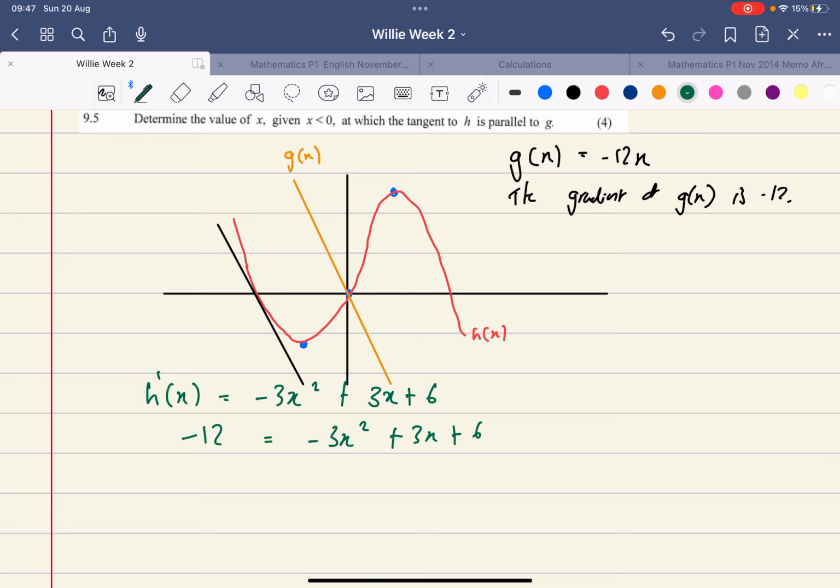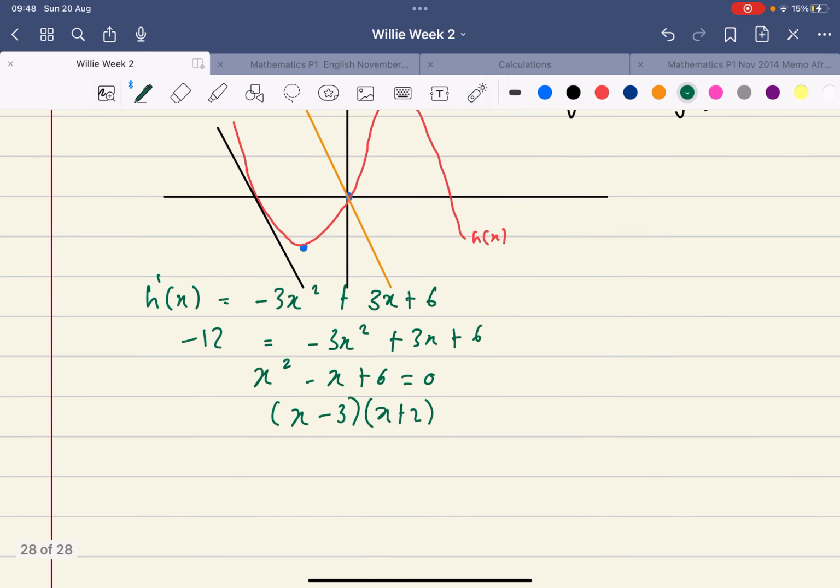And if you simplify that all, we get x squared minus x minus 6 is equal to 0, which means that x minus 3 and x plus 2 come out as our factors there. And that means that x is equal to 3 or x is equal to minus 2.